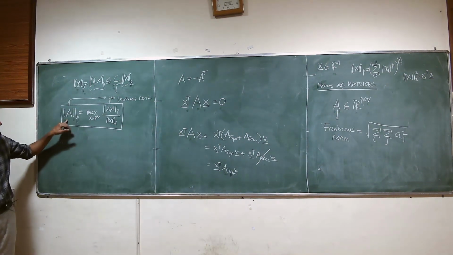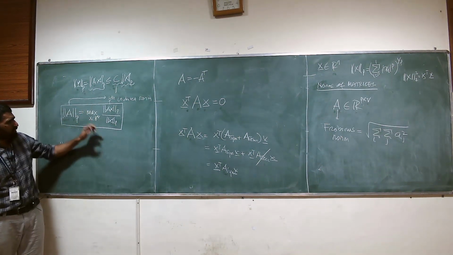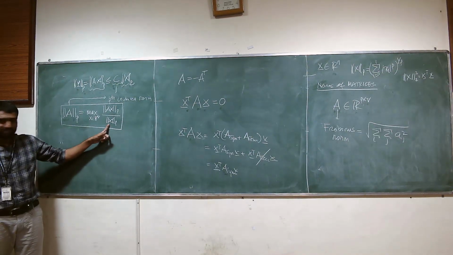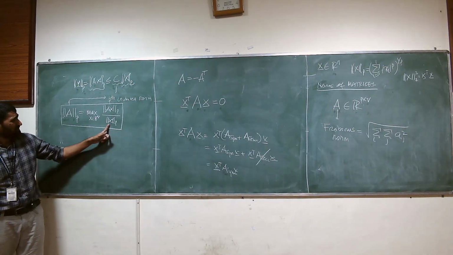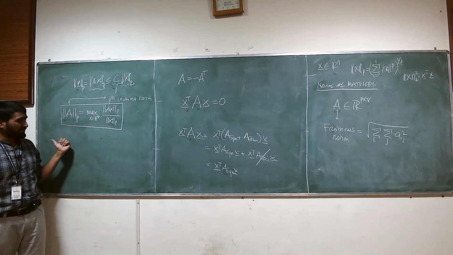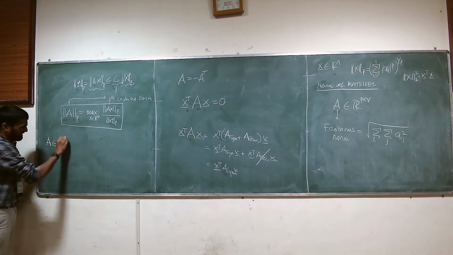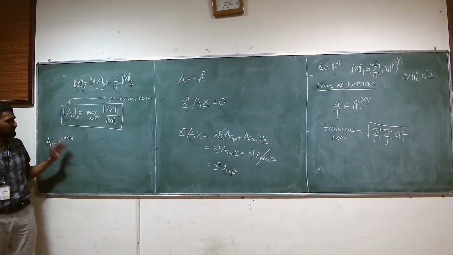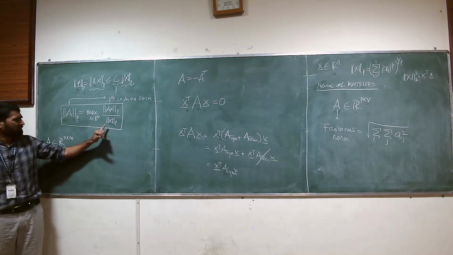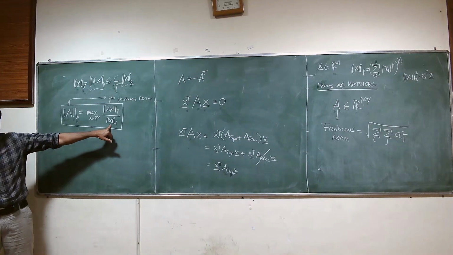This simply says, take any vector from your input space. I should not have used p because I also said A is p by q. Let's keep it like this for now. For this particular case, take any vector x from R^q.